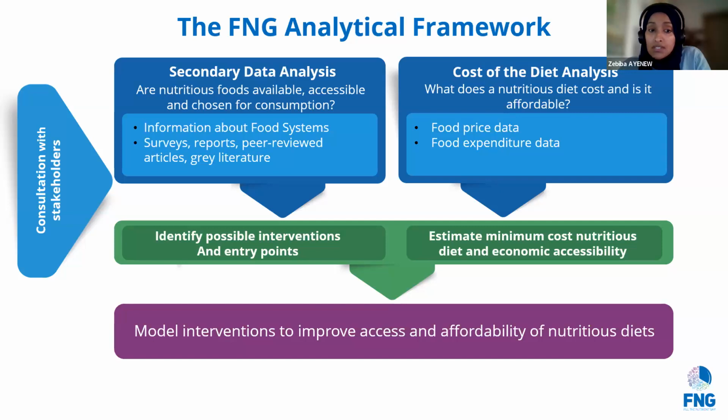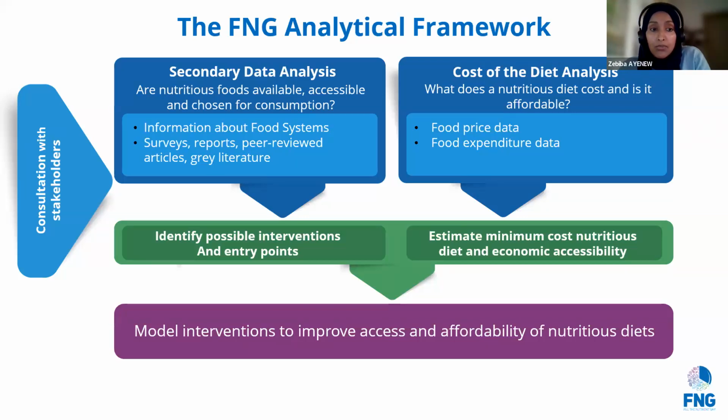Then this is a highly consultative process. We involve stakeholders across multiple sectors: the health sector, education, the agriculture sector, whatever is relevant in that context, and players that influence malnutrition and nutrition outcomes in the country.